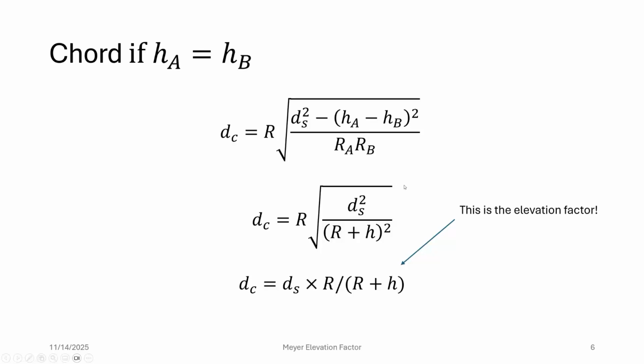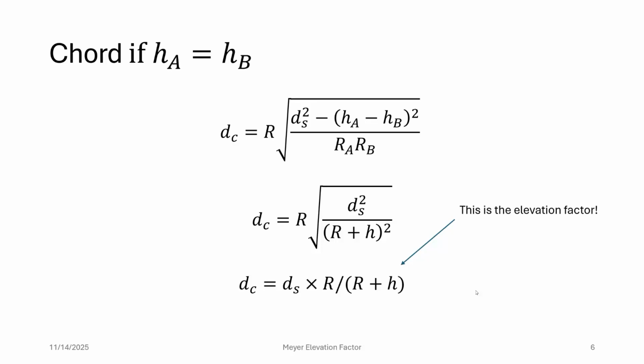So all those terms are under a square root, so all the squares just vanish, and then with a little rearranging, we see that this chord distance is the slope distance times R over R plus H, but that second term, the R over R plus H, that's the elevation factor.